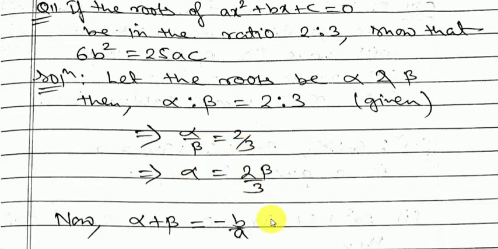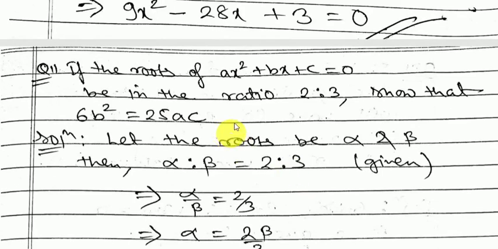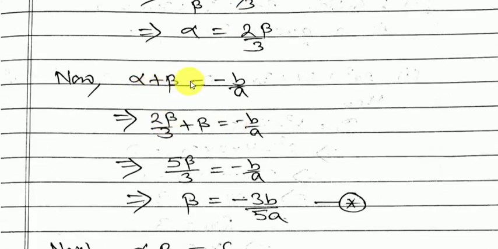Now you got this. Further you know the relation between the sum of the roots and the product of the roots. Sum of the roots alpha plus beta is minus b upon a. But the alpha value you just got is 2 beta upon 3, so substitute 2 beta upon 3.